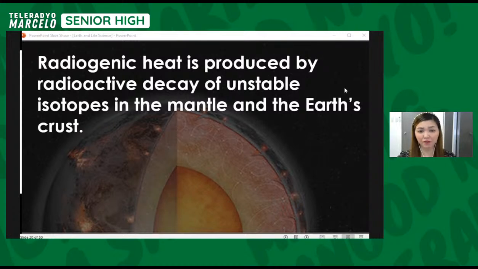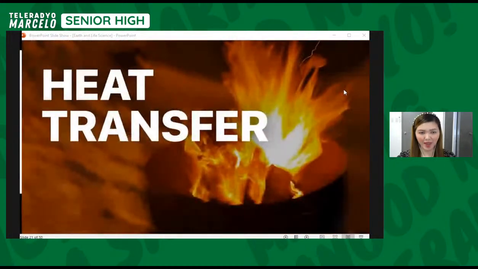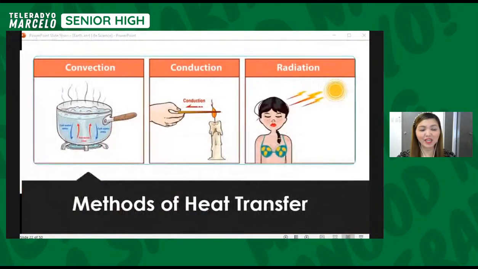Heat can be transferred in three different ways. We have convection, conduction, and radiation. I am sure that you are all familiar with these, but the first time you encountered them, they were each simply defined as: for conduction, the transfer of heat through direct contact.